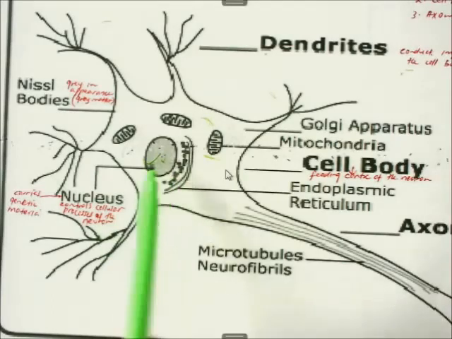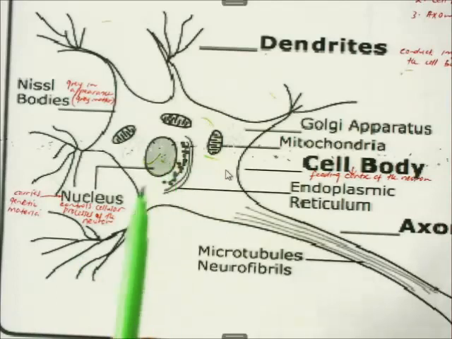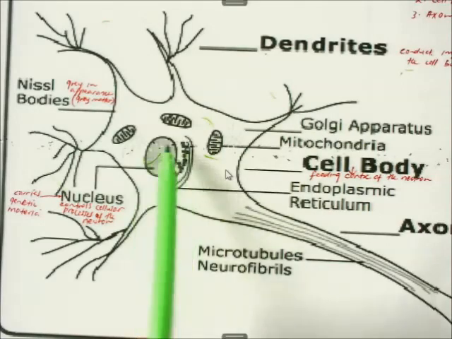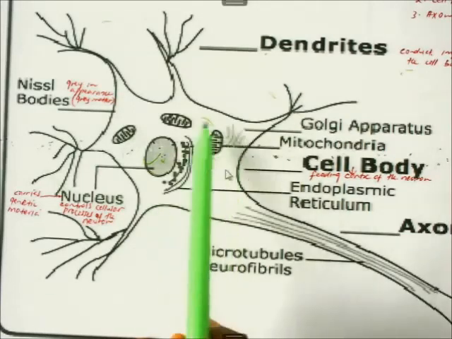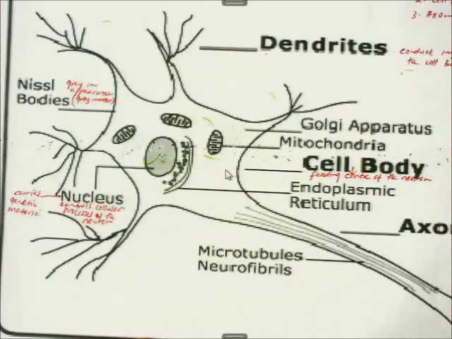The main function of the nucleus, we know very well, is to carry the genetic material. Apart from the nucleus, the other part found in the cell body is the mitochondrion, singular. Plural, we have the mitochondria.